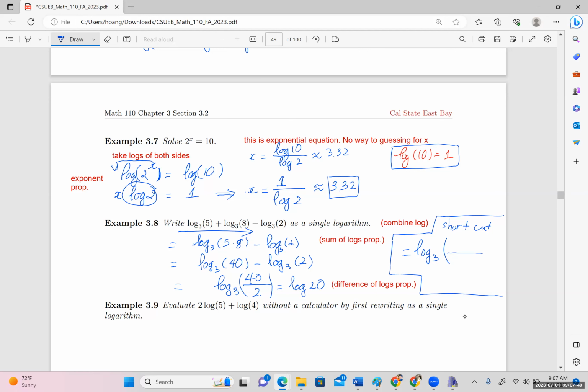The top will be the product of all the arguments that have a positive in front of log. Have 5 multiplied by 8, and the bottom will be the one that has a negative in front of it. So that's the shortcut, and I have log base 3 of 20.